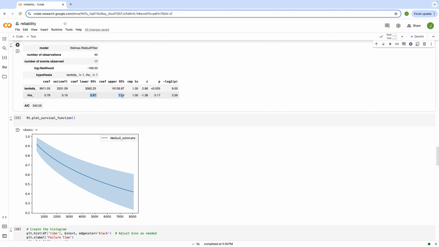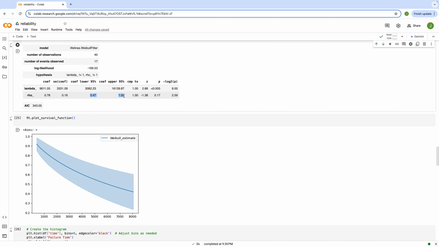It would be better to have a definitive value for rho, and it would be better if this interval was strictly less than 1 or strictly greater than 1. Okay? And that's the ideal. But here, that's what we have.